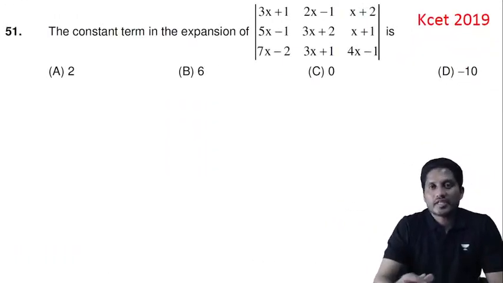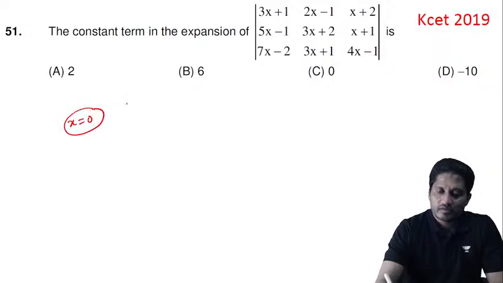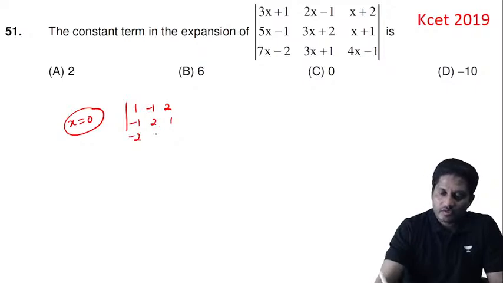The constant term in the expansion of, see, listen, no need to do the problem. Constant term means x should not be there, right? Straight away I'll put x equal to 0. You will get 1, minus 1, 2, minus 1, 2 and 1, minus 2, 1 and minus 1.